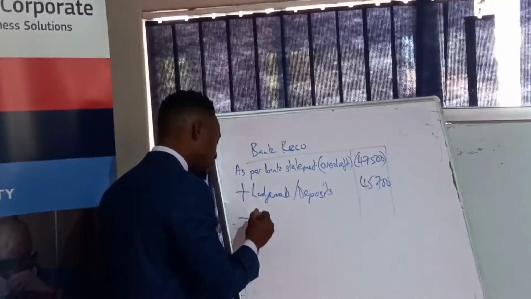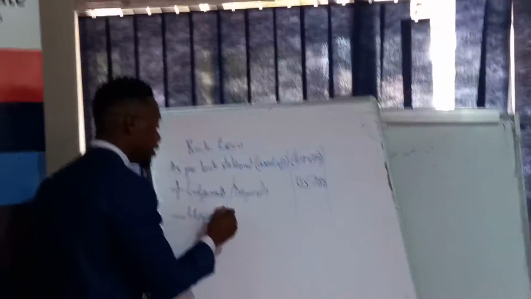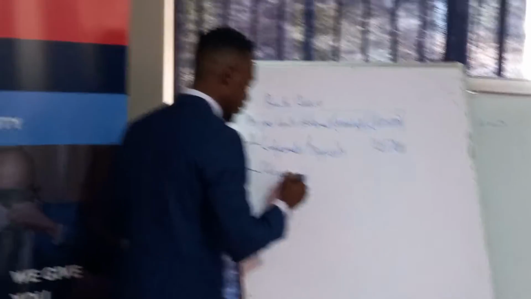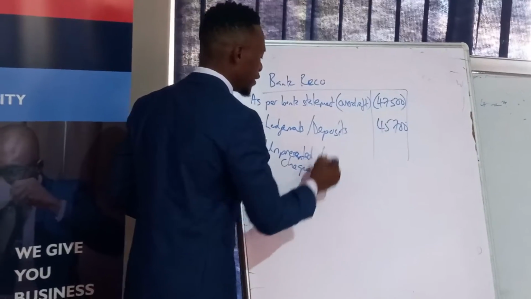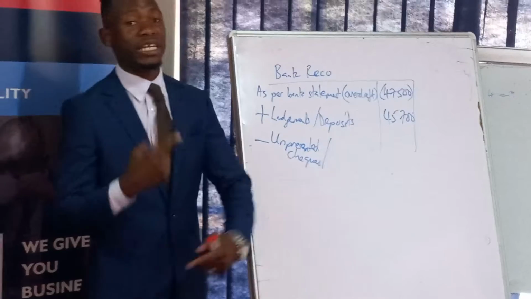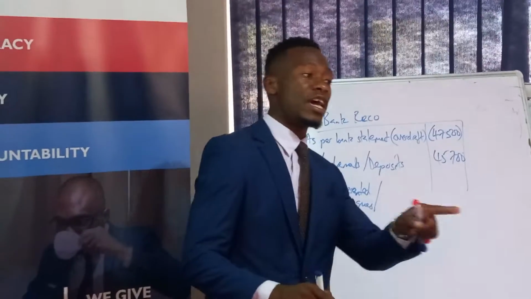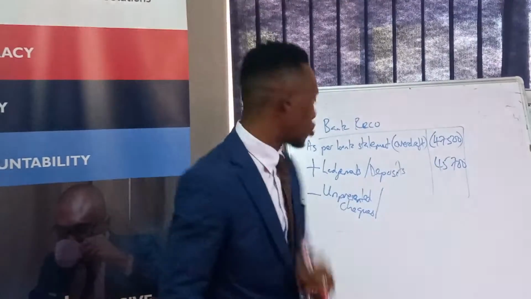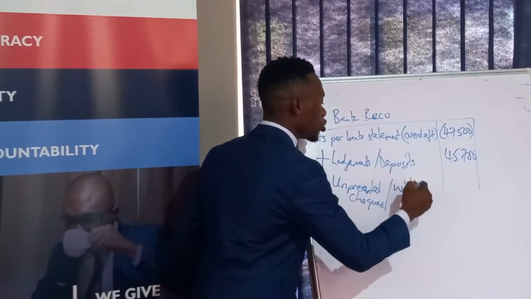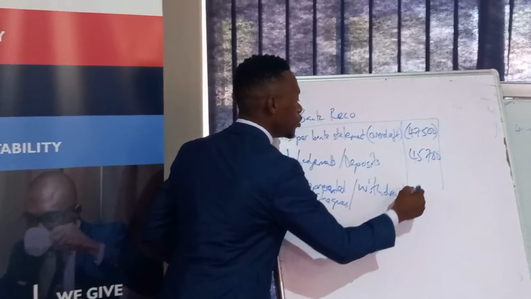The unpresented checks, guys, we list the unpresented checks not to add them. When we say the check is unpresented, it means it has not yet been presented at the bank. But when it's presented there, your balance is going to decrease, because the unpresented checks are amounts that have been withdrawn.